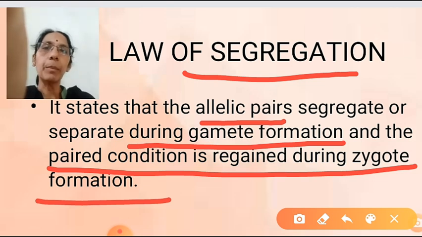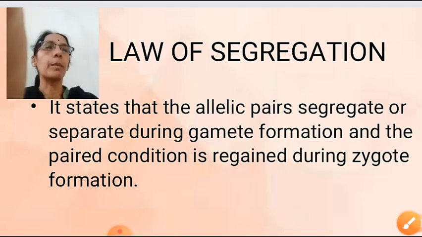Gametes are haploid. Again the paired condition is regained in the zygote or in the F1 generation. And it is the universally accepted law.